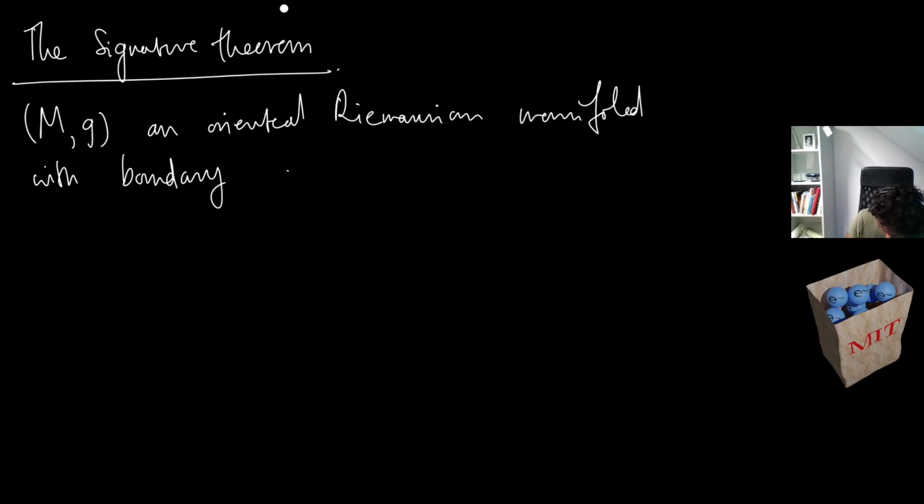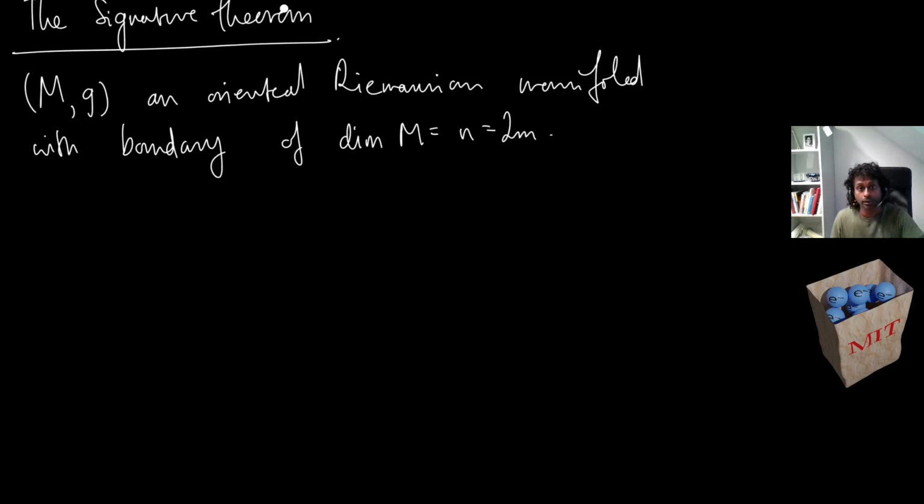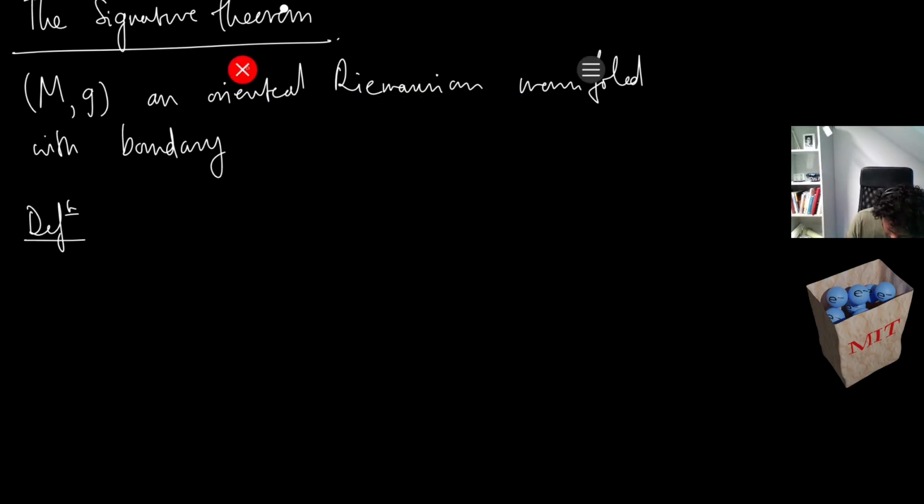So with boundary of even dimension, so 2m, so n equals 2m. Later on, we'll actually move on to dimension that is divisible by 4. Okay. So the definition. Actually, maybe we won't make this assumption right now. Let's just keep it of any dimension for the moment.